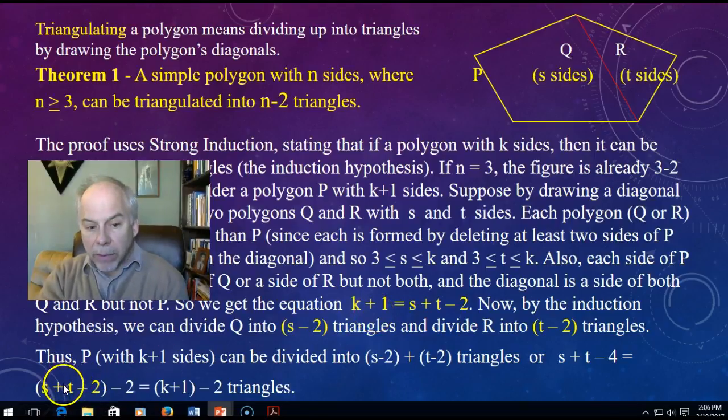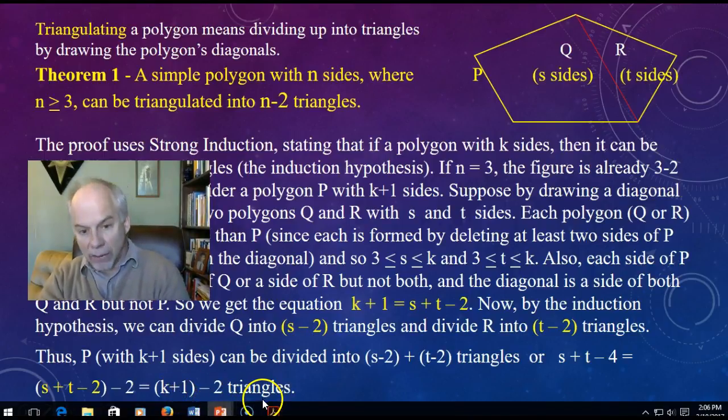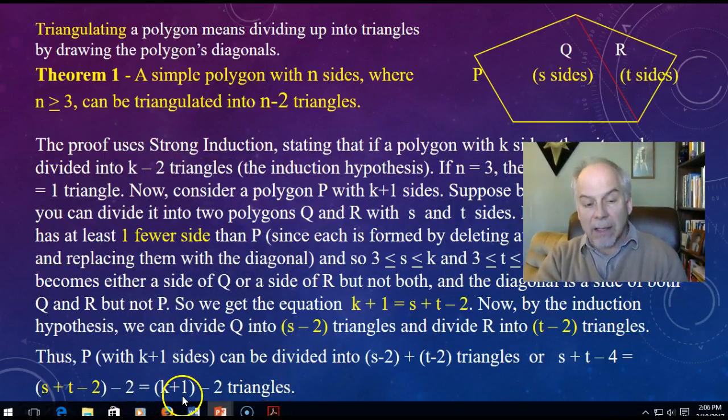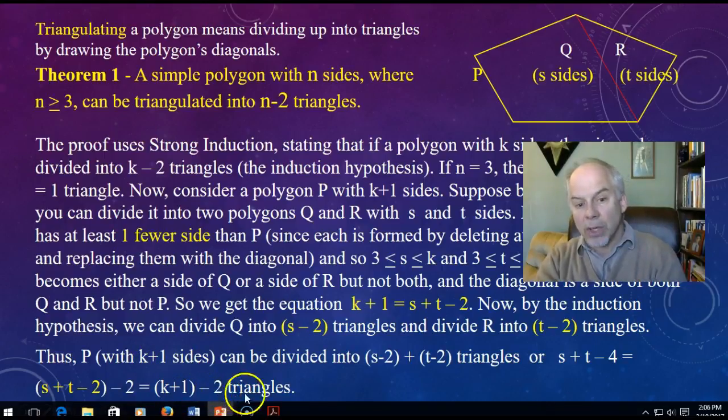So I can replace this S plus T minus 2 with k plus 1, and that gives us that the whole polygon has k plus 1 minus 2 triangles. Well, we have just shown then that if it has k plus 1 sides, then it's going to have k plus 1 minus 2 triangles.